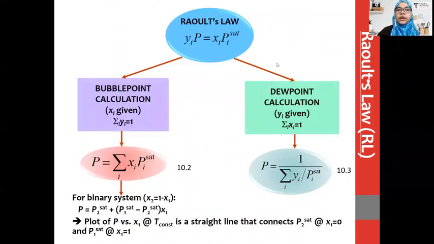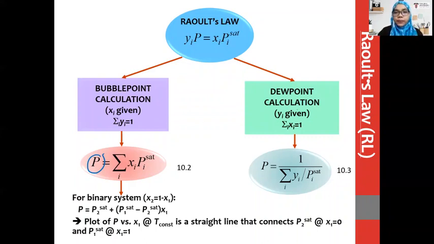We start with Raoult's law for the bubble point and also the dew point. This is the summary of how you can apply it. We know that the total pressure is equal to the summation of the liquid composition times the saturation pressure for the bubble point calculation, because the liquid composition is given.